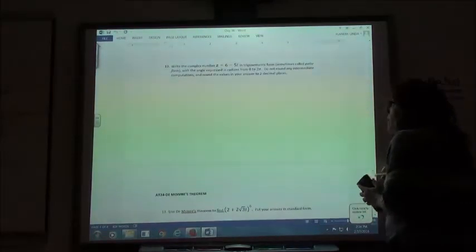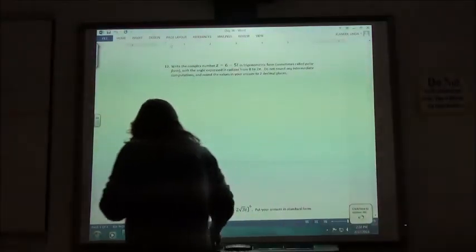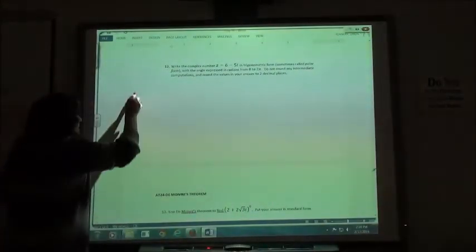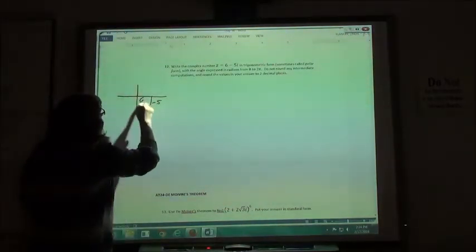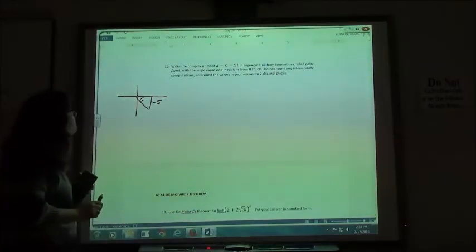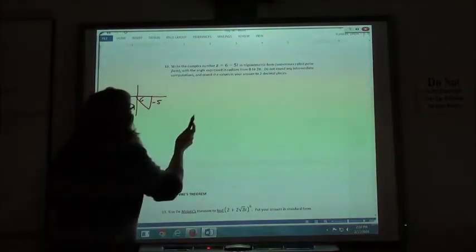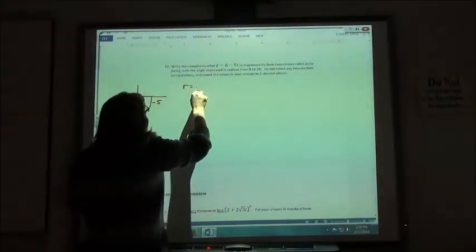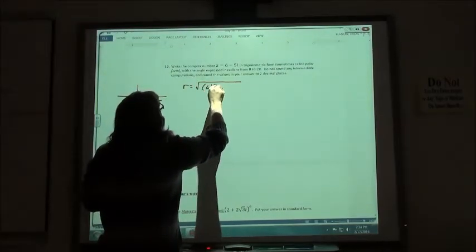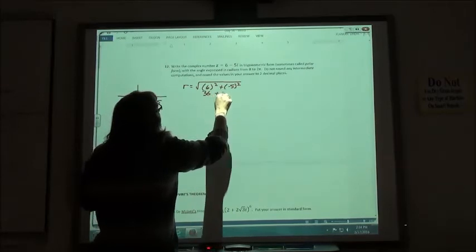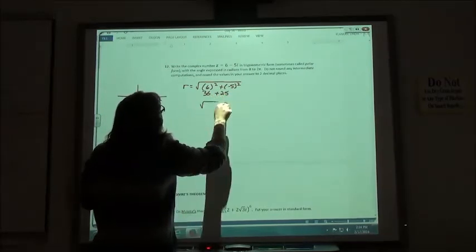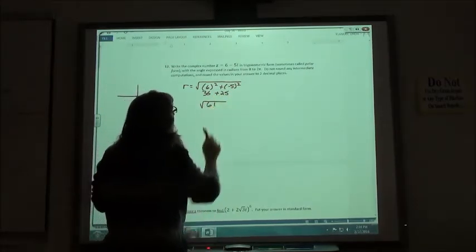Number 12, same kind of thing. Thinking about this in terms of my right angle, I'm at 6, -5, so I'm going to be down here. So finding my r, r is going to be the square root of 6 squared plus -5 squared. 36 plus 25 gives me the square root of 61.